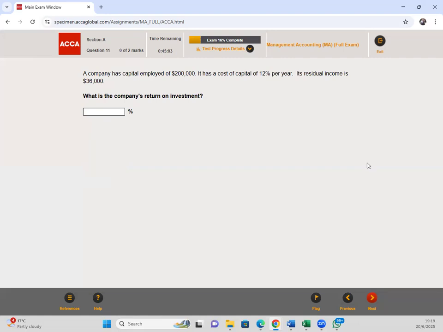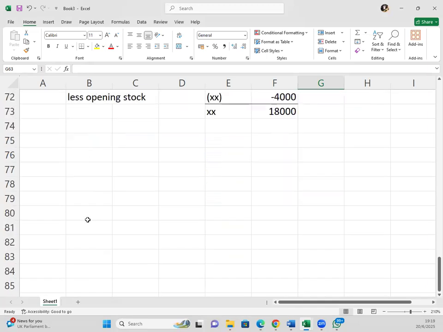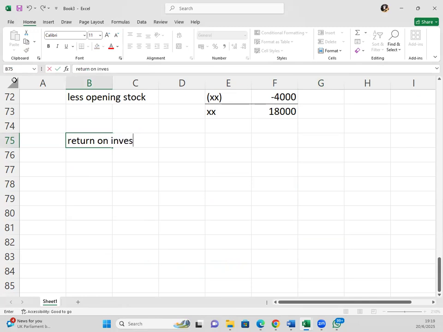A company has a capital employed of 200,000. It has a cost of capital of 12% per year. Its residual income is 36,000. What is the return on investment? So let's go to our formulas. Return on investment. It's just the same as the return on capital employed.